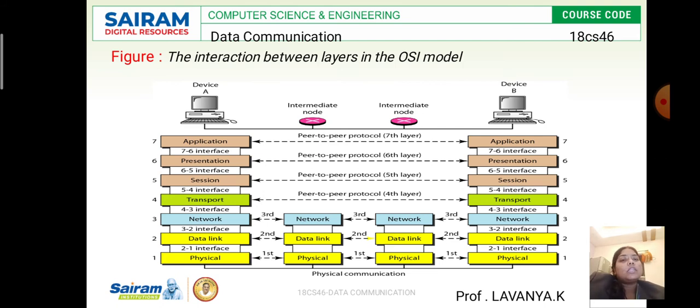Then what is the transport layer? Like I said, the transport layer is the heart of the OSI model, because the transaction initially starts from the transport layer. This transport layer we call process to process delivery.